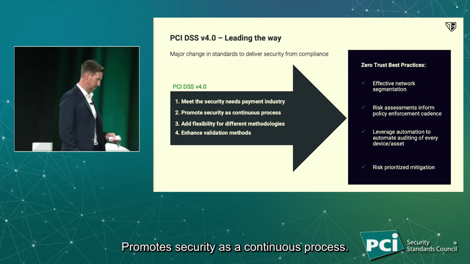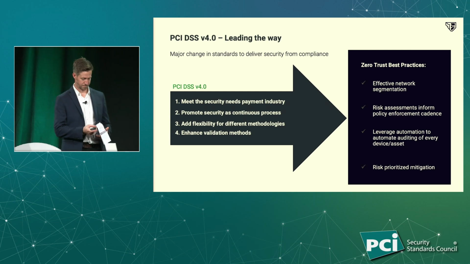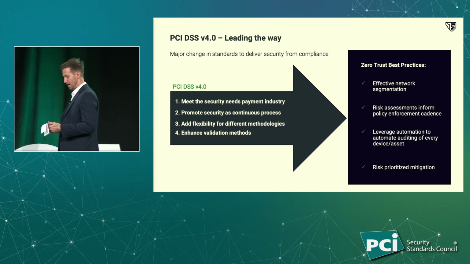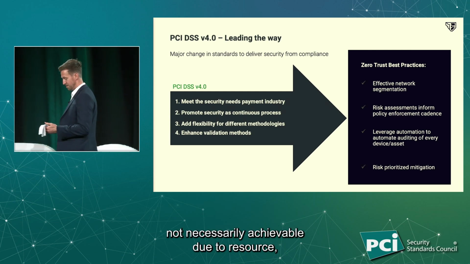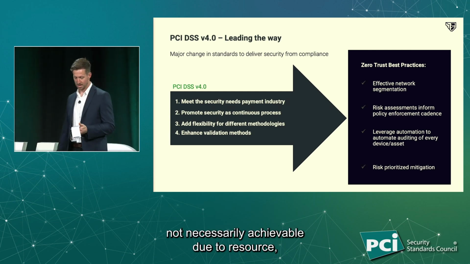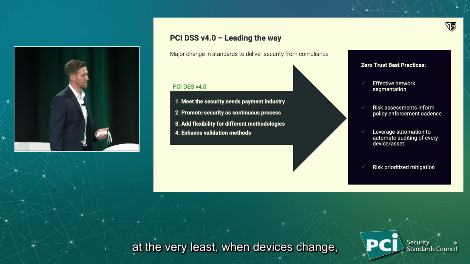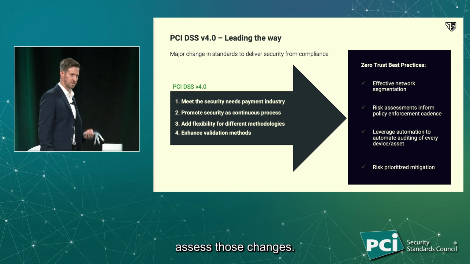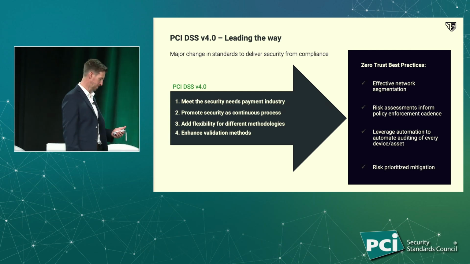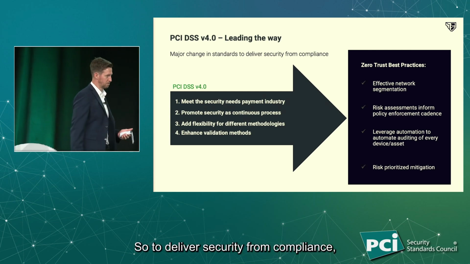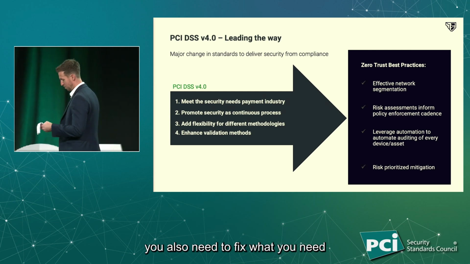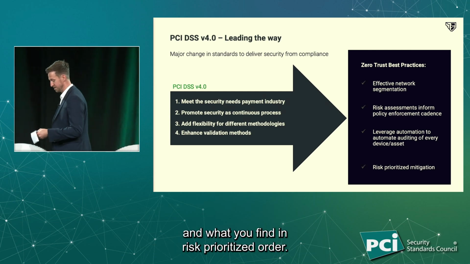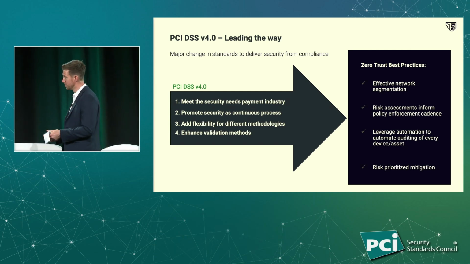Promotes security as a continuous process. And where not necessarily achievable due to resource, at the very least, when devices change, assess those changes. So to deliver security from compliance, you also need to fix what you find in risk prioritized order.